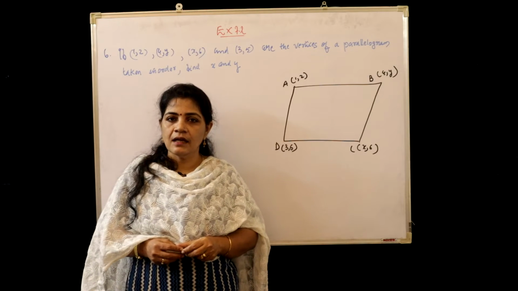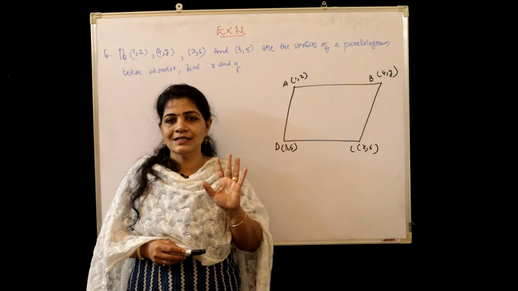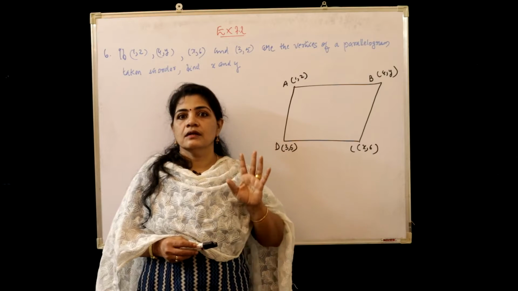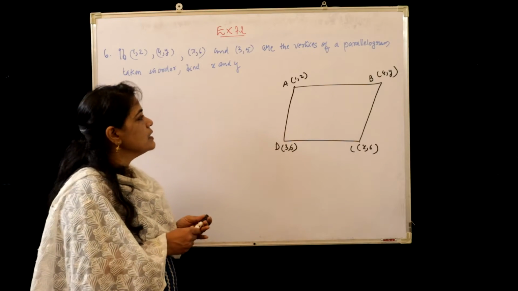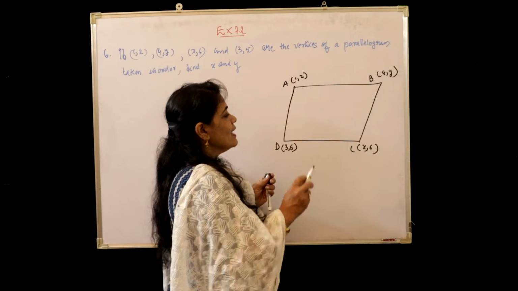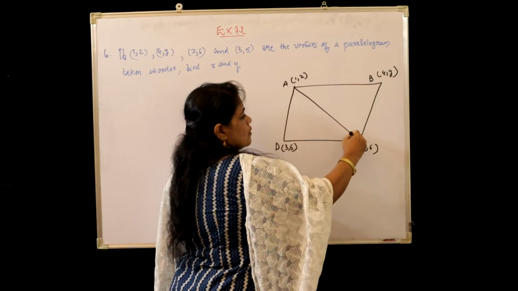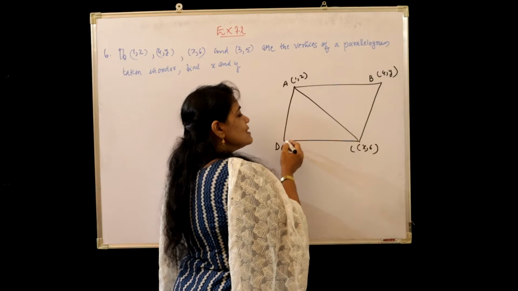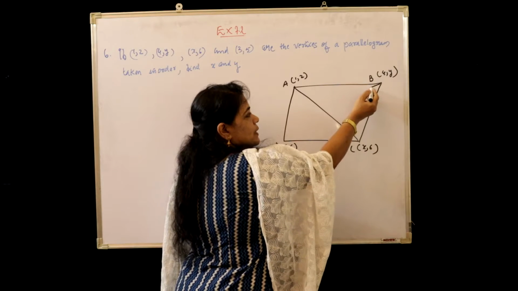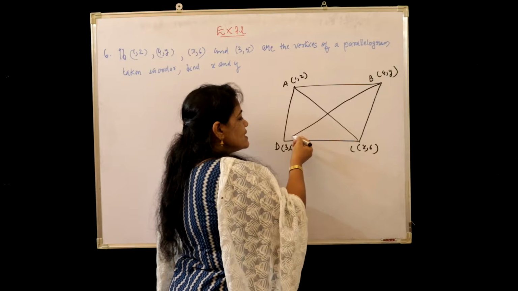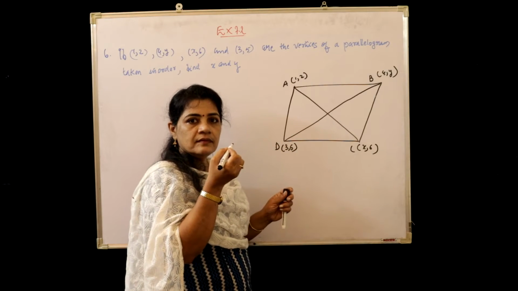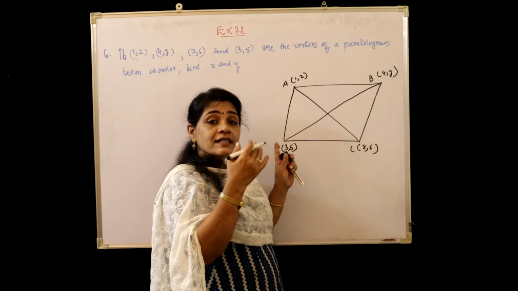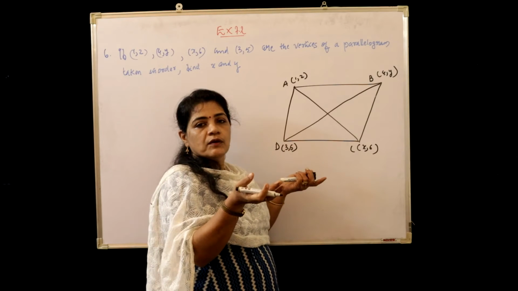What is that, children? Diagonals are unequal, that we know, being a parallelogram. But they bisect each other. They bisect each other means if you draw the diagonal AC, the line segment joining opposite vertices, and then the second diagonal BD, BD divides AC into 2 equal parts, and AC divides BD into 2 equal parts.